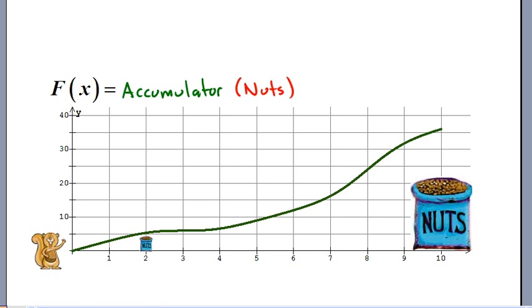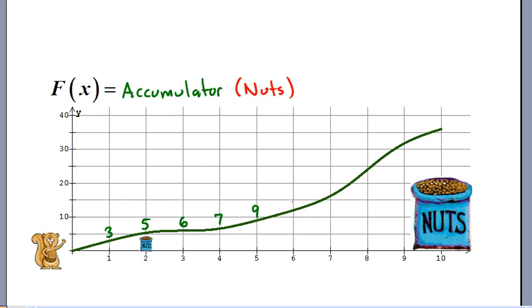If you just go and count those little nuts, then you can actually see what the values are for the graph down below. After the first day, we've gathered up 3 nuts. Then our nut gathering rate up above drops down to 2, so we're only going to gather 2 more, so we'll get 5. Then our nut gathering rate goes really low, just down to 1, so we're at 6. And then still 1, so 7 nuts in the bag. Then our nut gathering rate goes up to 2, so we're at 9.